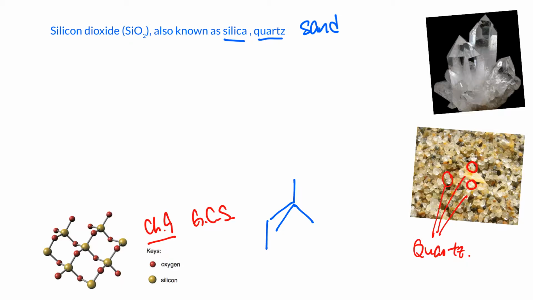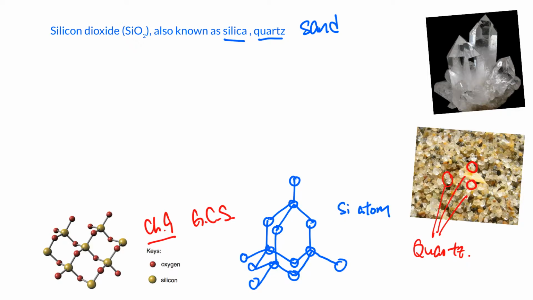You draw a chicken-foot diagram first. Every connection, draw a circle there. It represents the silicon atom. You can see that one silicon atom can form 4 bonds.